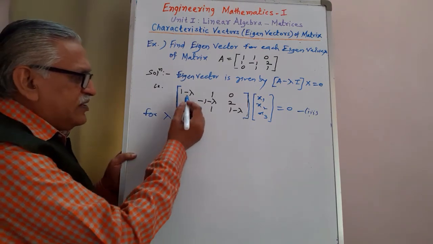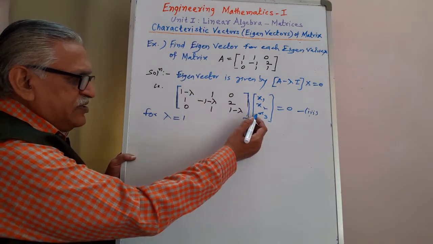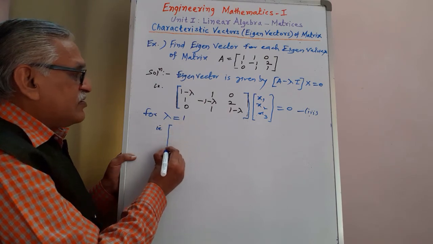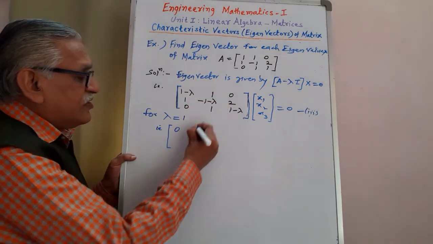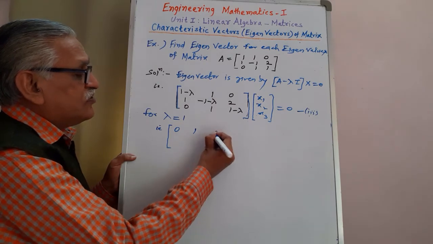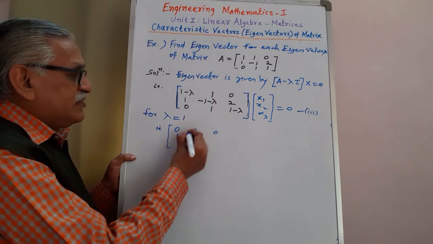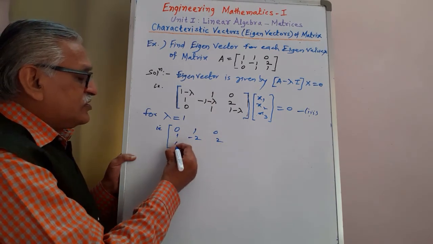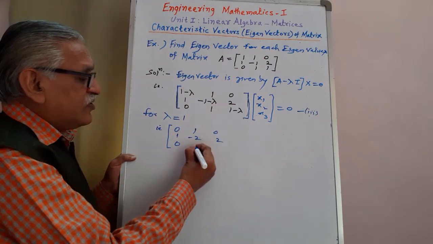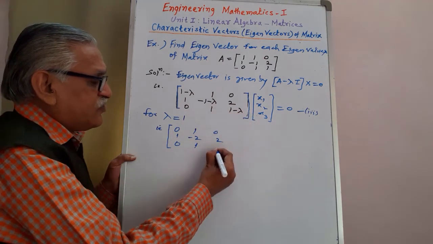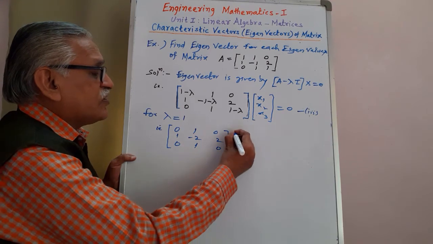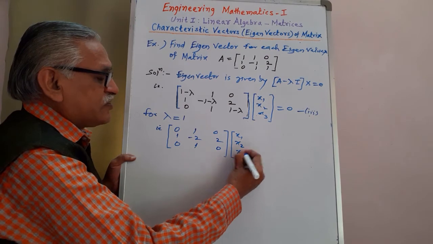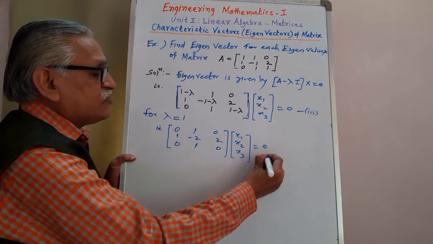And for lambda equals 1, if we put that value in equation 3, the matrix becomes 1 minus 1, we get 0, 1, 0, then 1, minus 1 we get minus 2, 2, 0, 1, and 1 minus 1 we get 0, into a column matrix of x1, x2, x3 equals the 0 matrix.